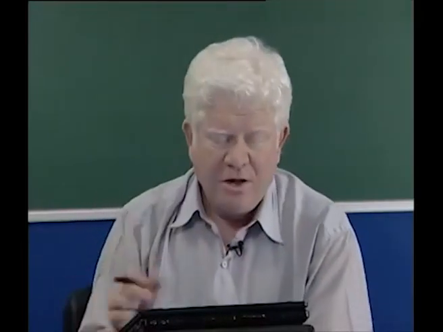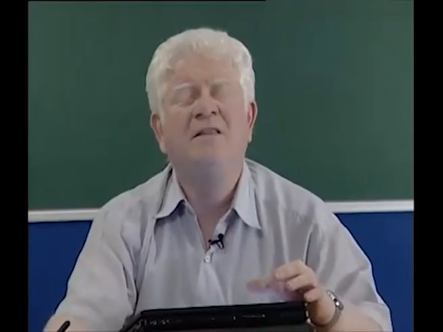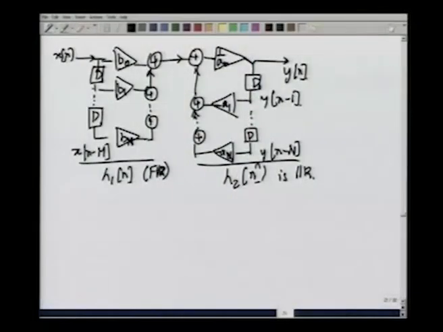But before we rearrange, we should be very clear about not just the fact that this is FIR and this is IIR, but the fact that this block is essentially implementing a linear time invariant system and therefore can be equivalent to the computation of convolution. In short, if this is what we call h1[n] and this is what we call x[n], what signal do we have at this point? The answer is x[n] convolved with h1[n]. That is what you get over here.